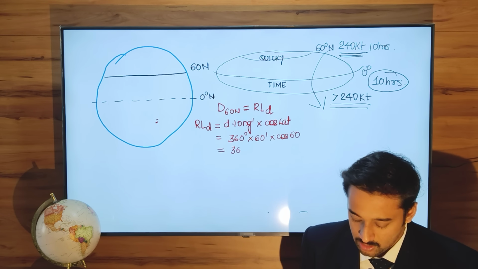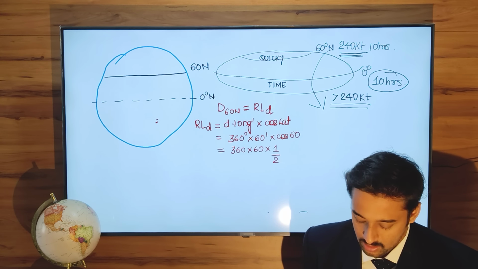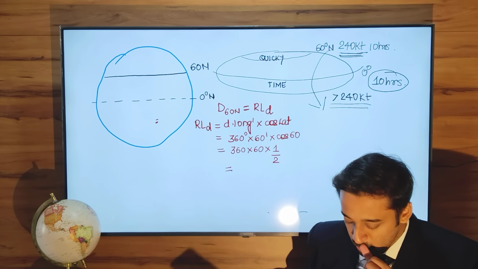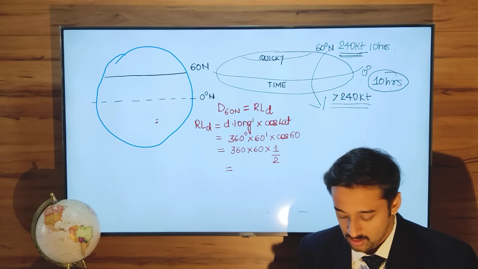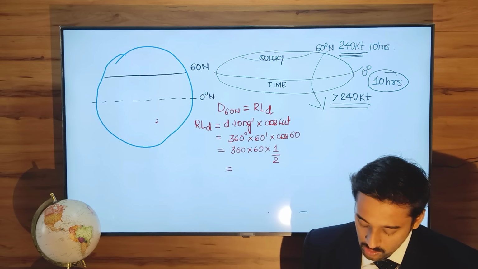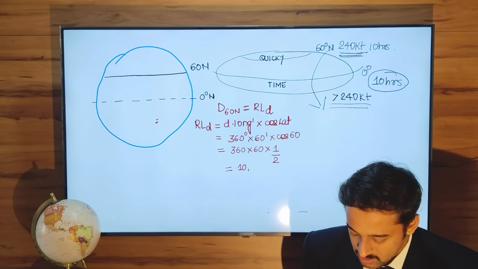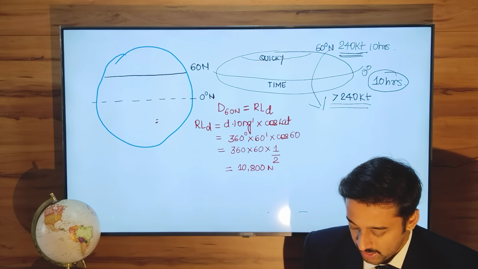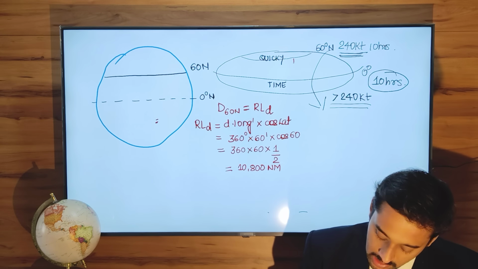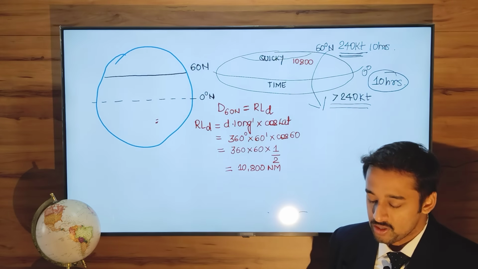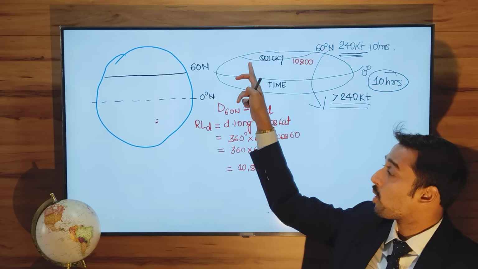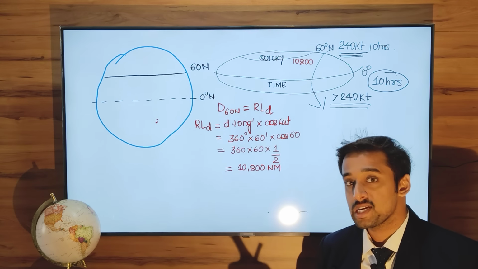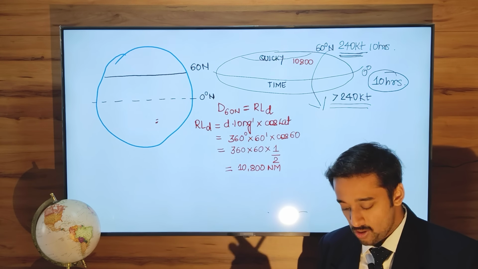So 360 into 60, cos 60 is half. So that will be equal to 10,800 nautical miles. So when you travel 360 degrees at 60 north latitude, you are covering a total distance of 10,800 nautical miles.